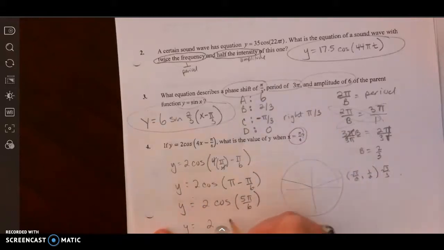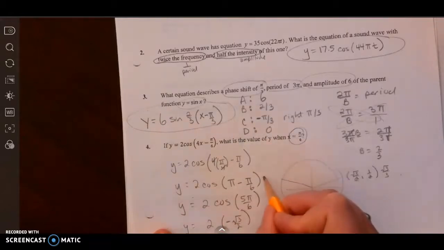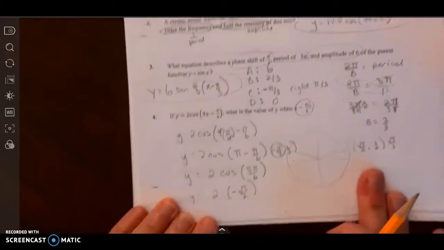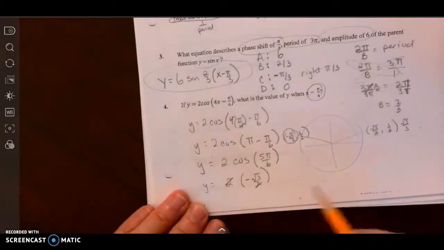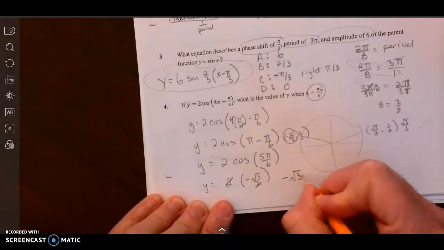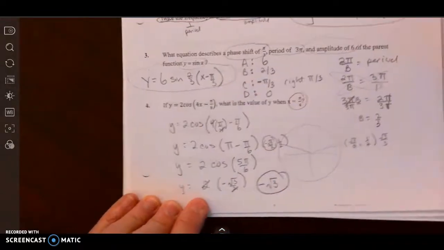So y equals 2 times negative the square root of 3 over 2, because over here I'd have negative square root of 3 over 2, 1/2, and this is the value that I want. The 2's cancel, and I'm left with negative the square root of 3.